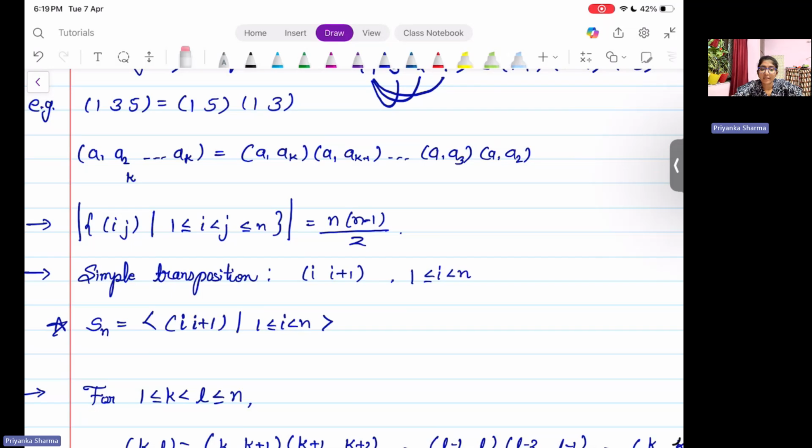And if we want to find out the number of transpositions ij, where i and j lie between 1 and n, here this n is the number for which we are computing the symmetric group, that is Sn, and i is strictly less than j, the number of such transpositions is n into n minus 1 by 2.